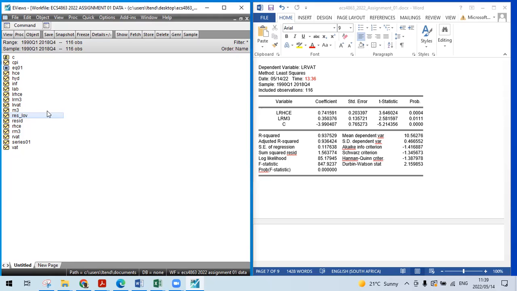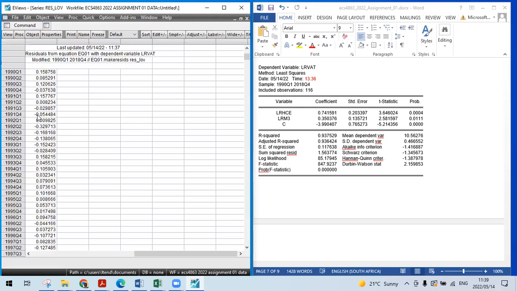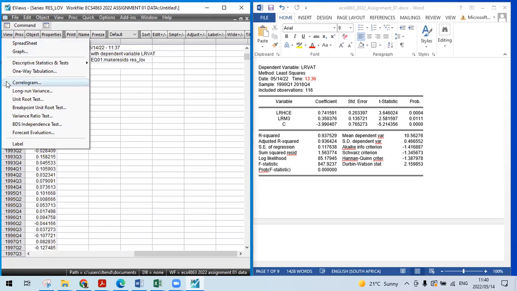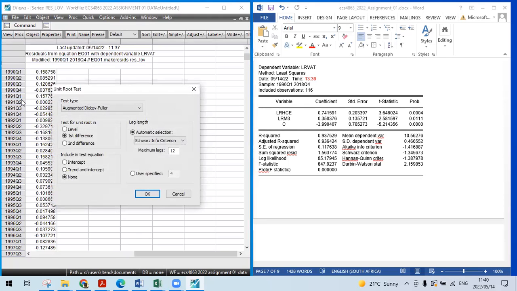Now, this is the res LOV. I'm double clicking it, right? I'm going to view. I'm testing for stationarity. Should I test in first difference? No, in level. Are we together? Should I include that intercept? No. Just none, right?